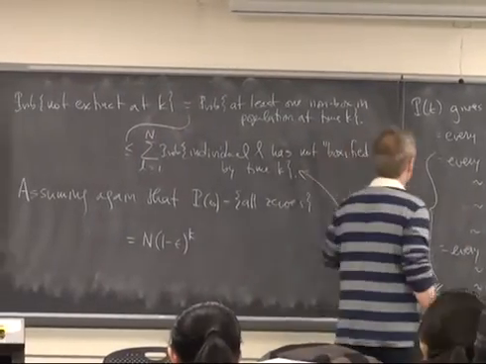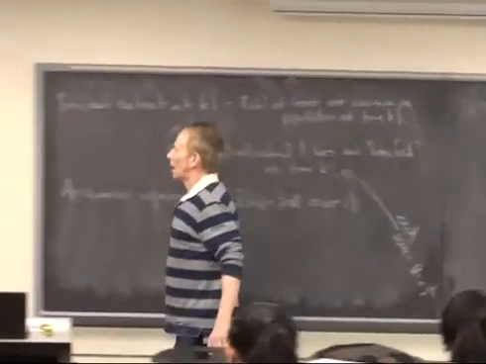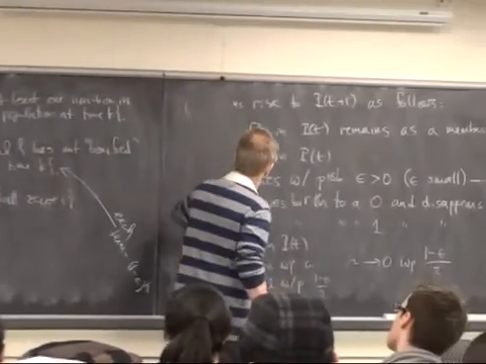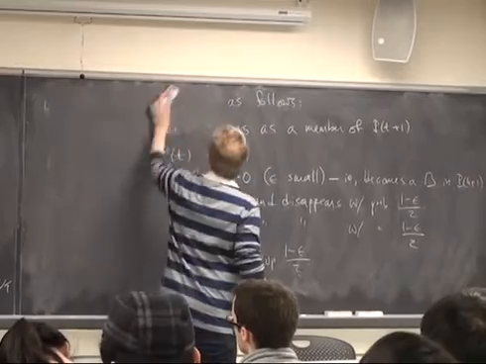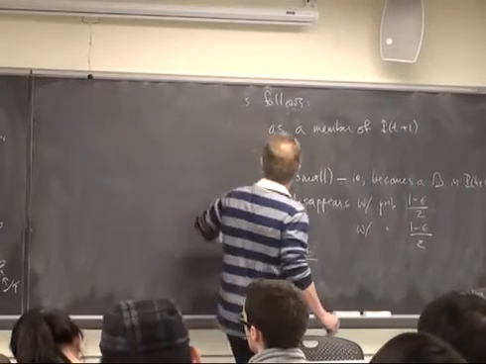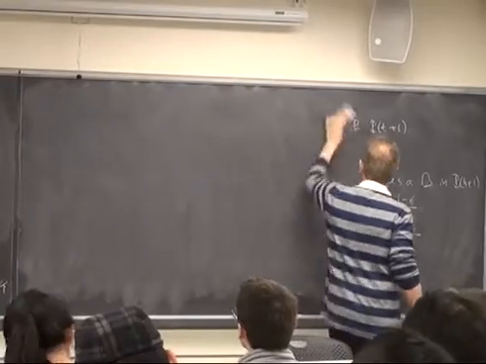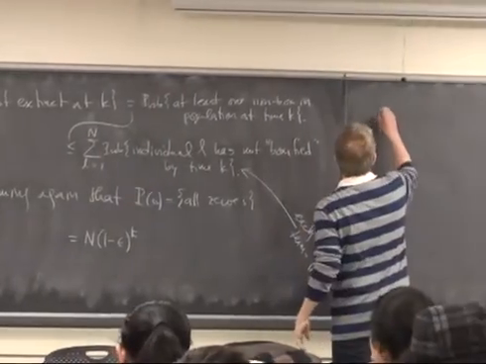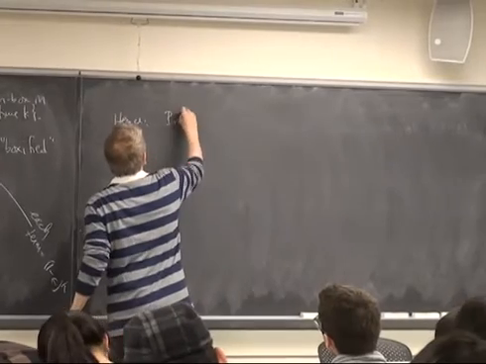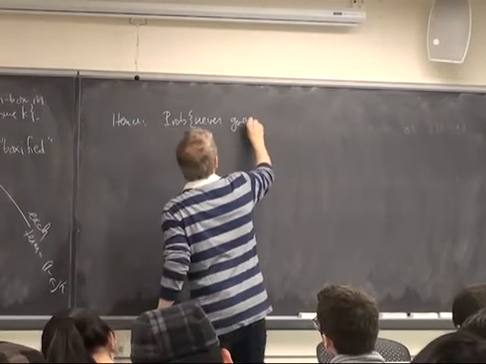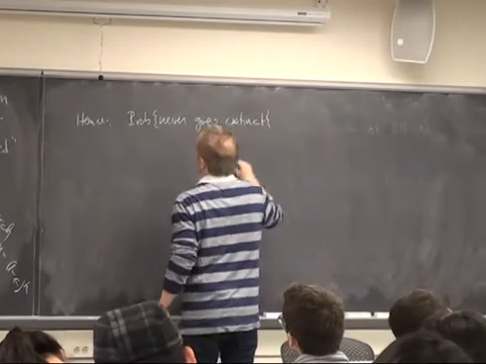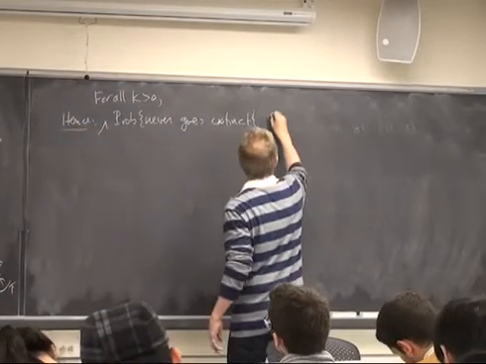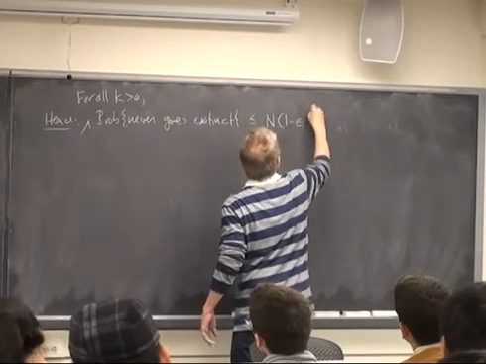But the bottom line here is, the probability that you never go extinct is less than or equal to N times 1 minus epsilon to the k, and this is true for all k bigger than or equal to 0.